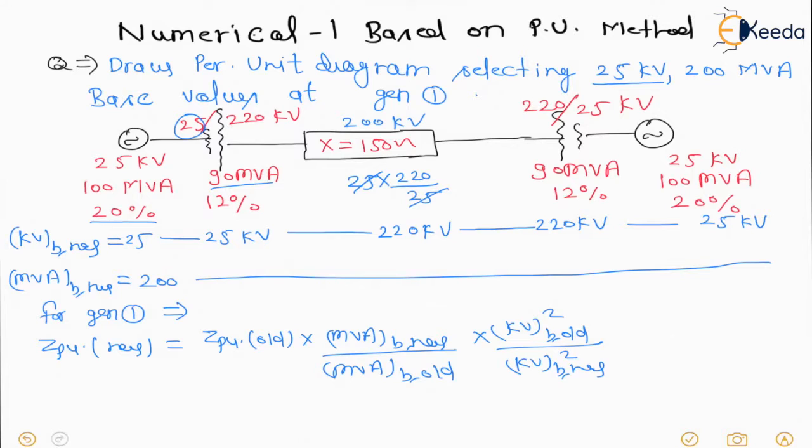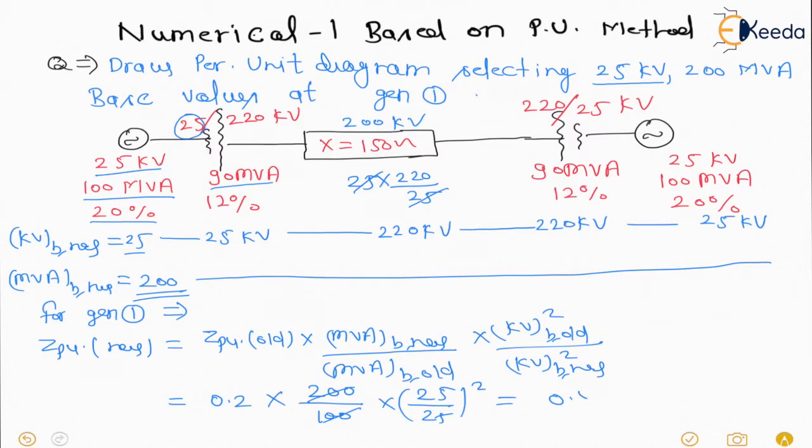Putting in all these values, ZPU old has been given as 20%, meaning 0.2, into MVAB new, which is 200, upon MVAB old, which was 100, into KVB old 25 upon KVB new 25, squared. That comes out to be 0.4 per unit. So this is for generator number 1.